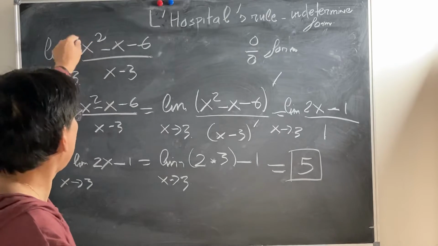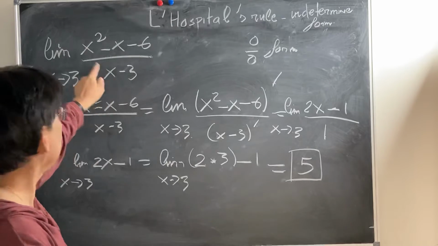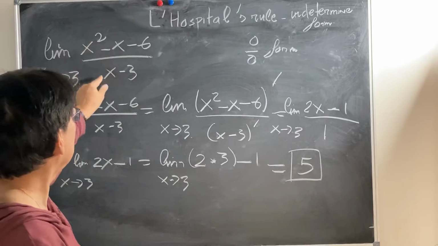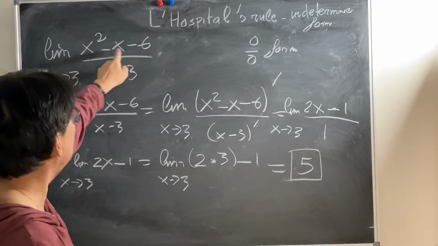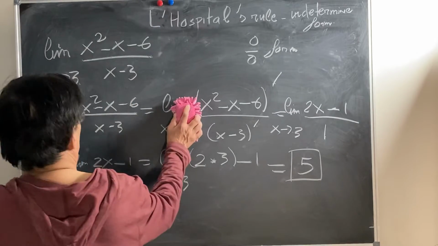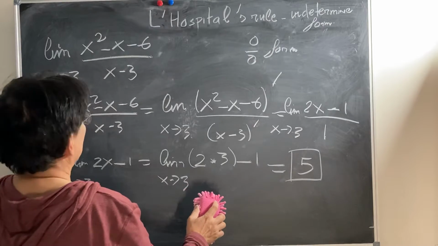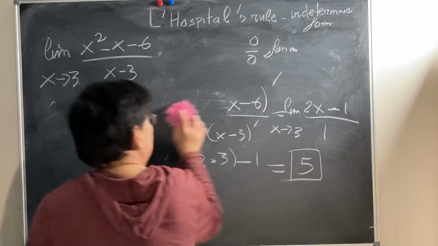Since the power of the top is greater than the power of the bottom, you see here the highest power of the top is x squared and the bottom is x, so you can divide it. You take x squared minus x minus 6 divided by x minus 3, and then you will simplify it. Let's do it that way.